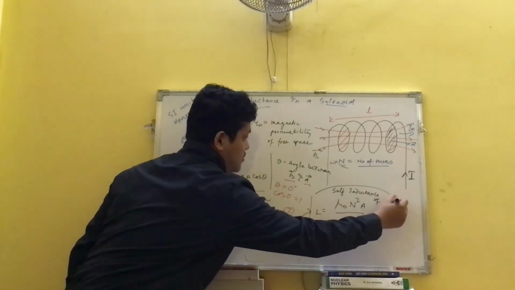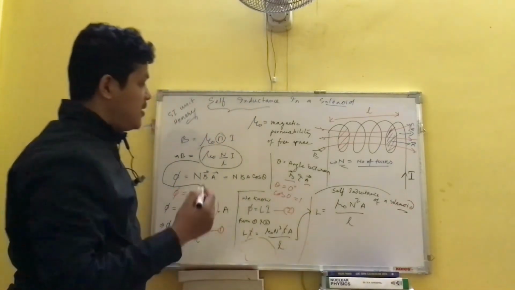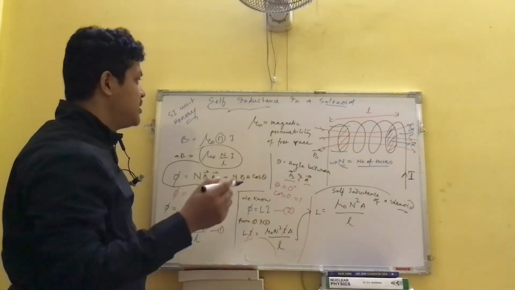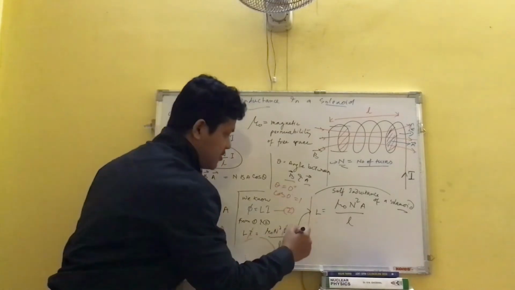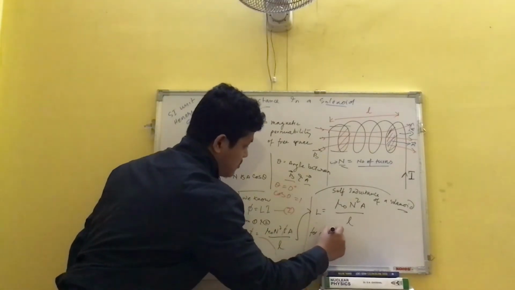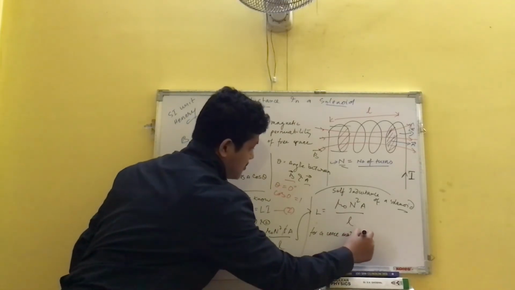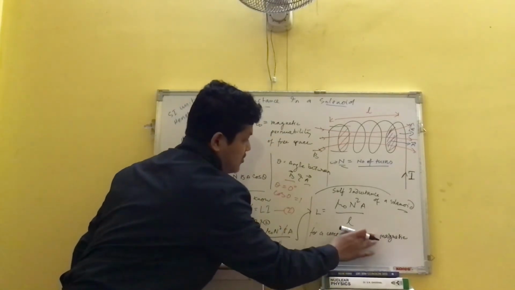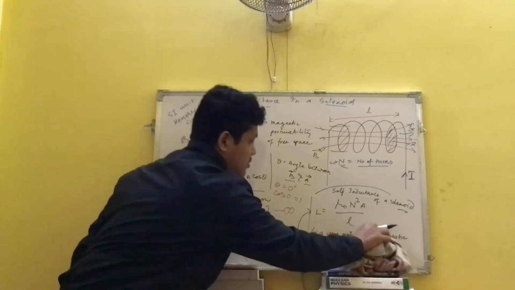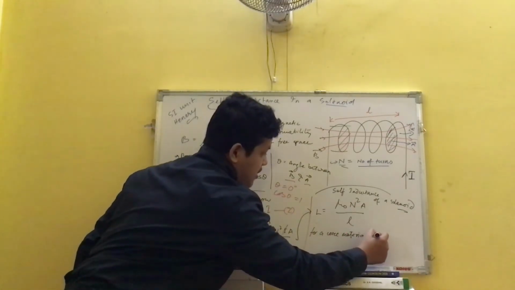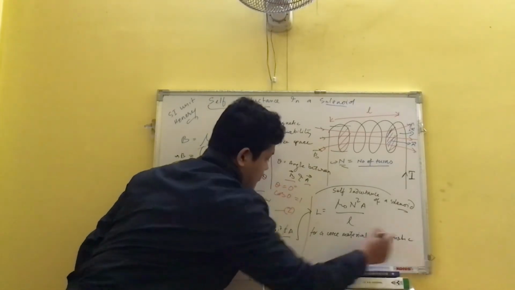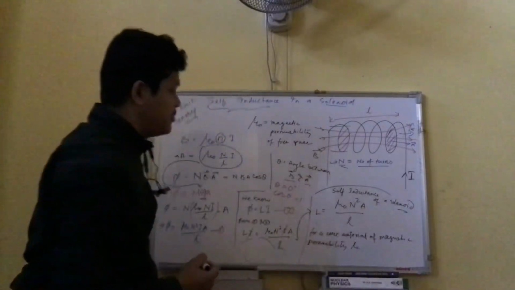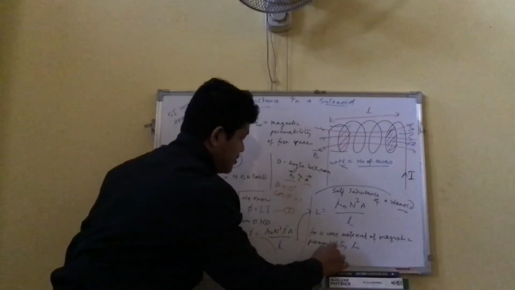And instead of air, suppose we have put here a particular material and it will have a permeability, suppose mu, for a core material of magnetic permeability mu. This L will be equal to, instead of mu naught we will write mu.